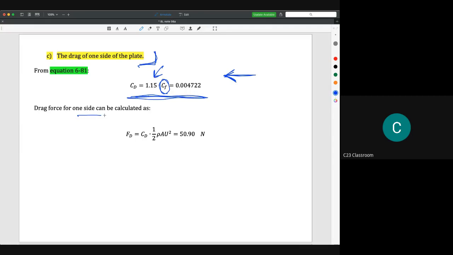Then the drag force for one side can be calculated using this equation. We use CD here, and multiply by 1 over 2 rho A U squared. The A here reflects that now we are calculating for the whole plate. So we get the total drag force of 15.9 Newton.